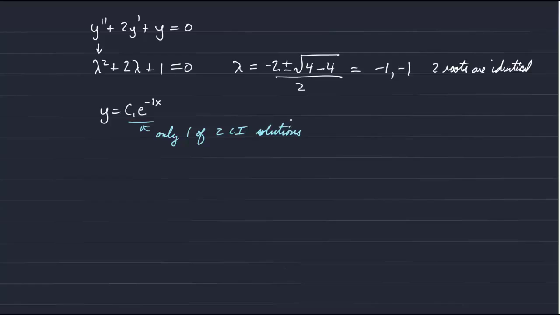So what that tells us is that not in all cases will all the linearly independent solutions be exactly of the form e to the lambda x. So we have to look for other forms.